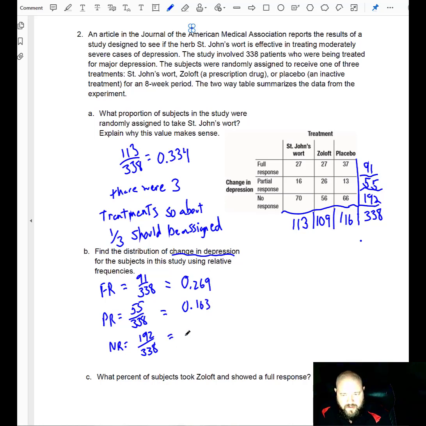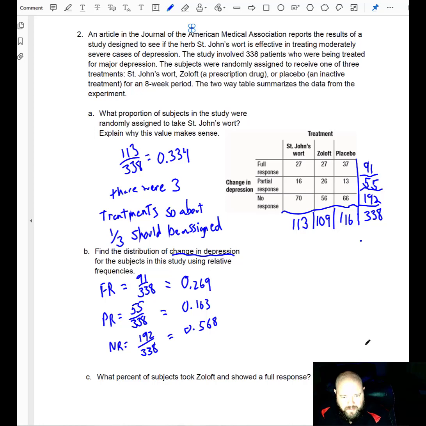And then over here, we should get 0.568 for no response. Okay. So that would be our actual distribution of change in depression using relative frequencies. So that gives us that setup right there.